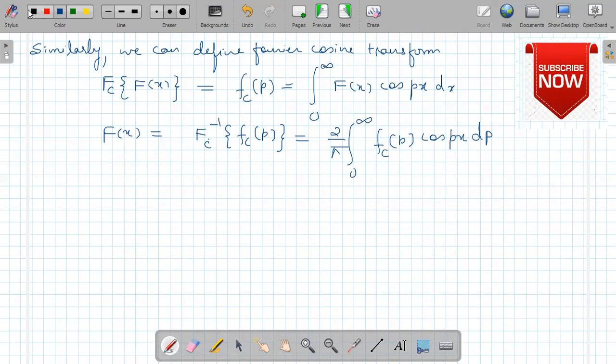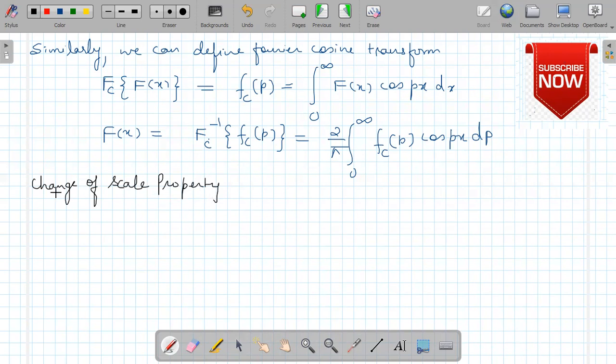We can also define the change of scale property for the Fourier cosine transform and Fourier sine transform, as well as the infinite Fourier transform.